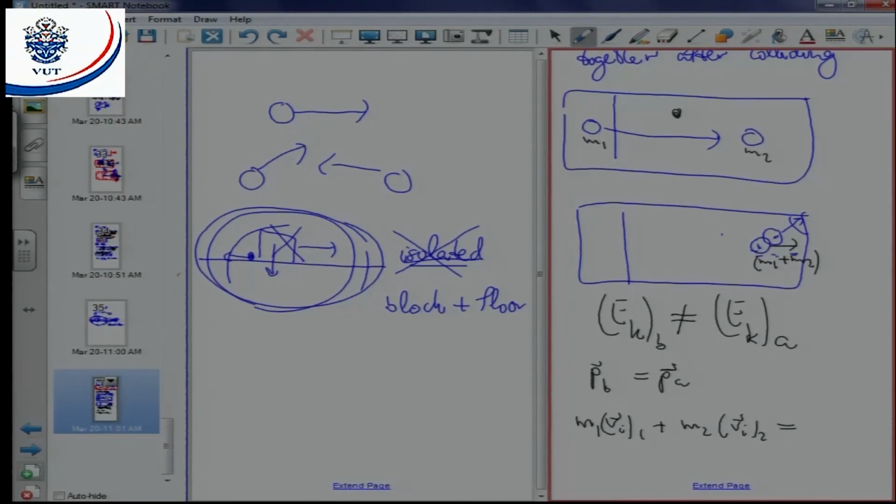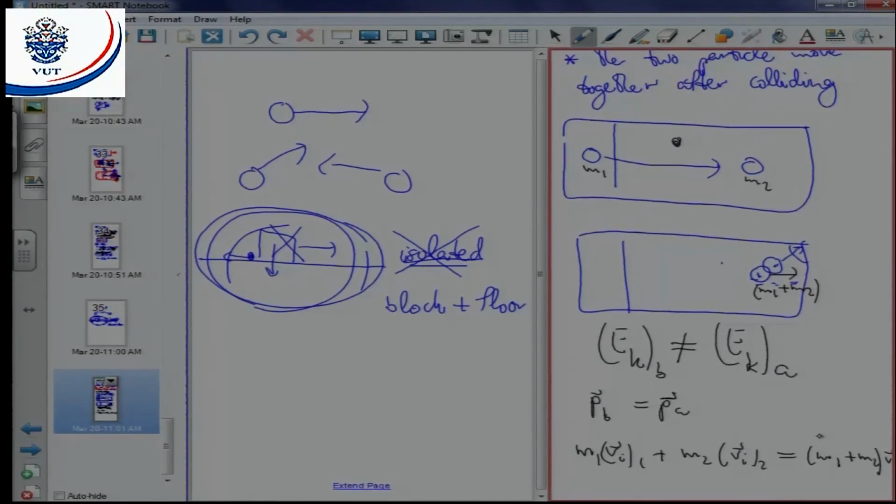This is equal to, remember afterwards they stick together, so the total mass m1 plus m2 will then have a speed v. Okay, so that's the key. The key is afterwards these two would then move together.